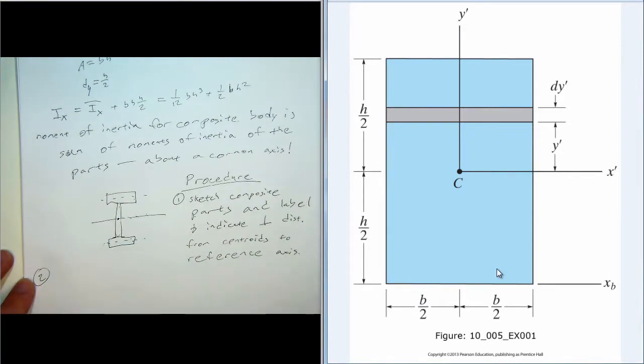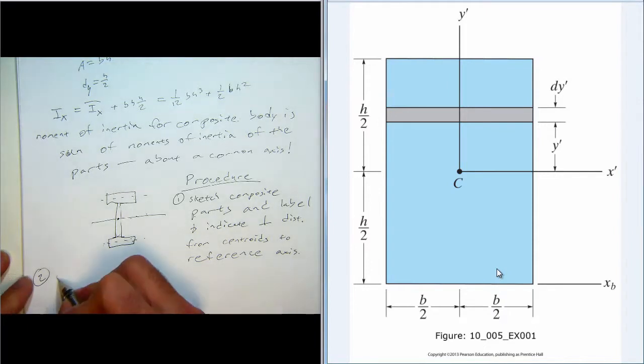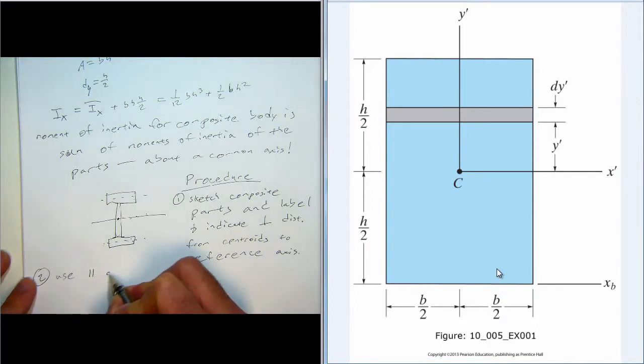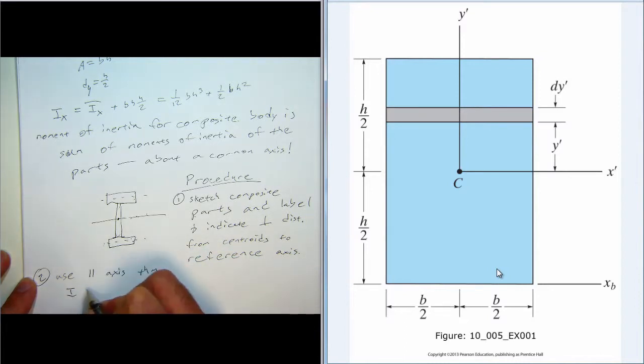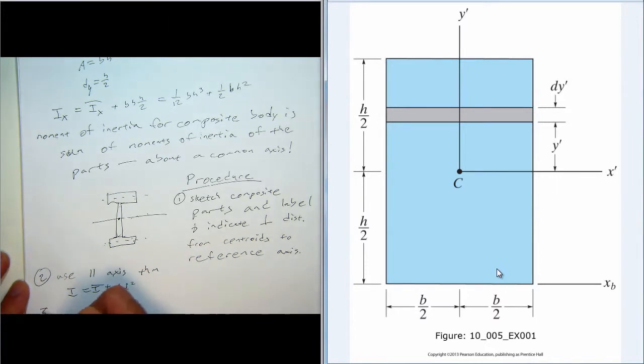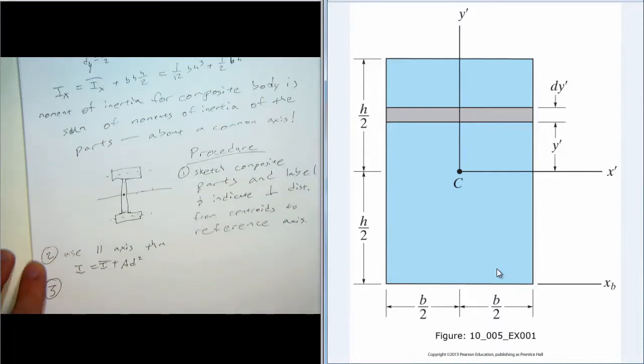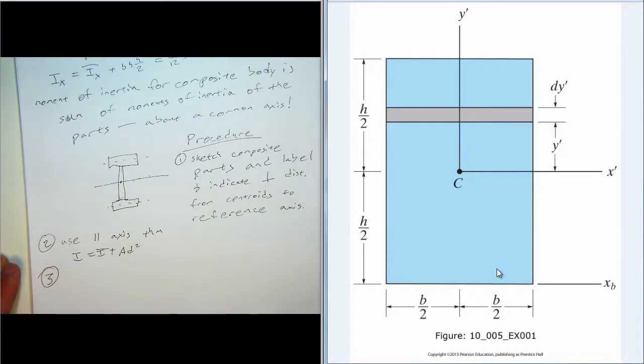And then the second step is to use the parallel axis theorem to determine the moments of inertia of the parts. And then the final step is to sum the moments of inertia.